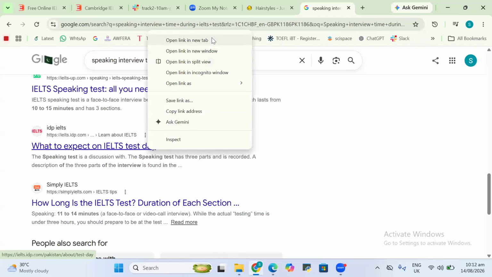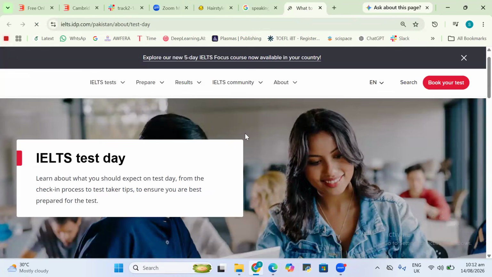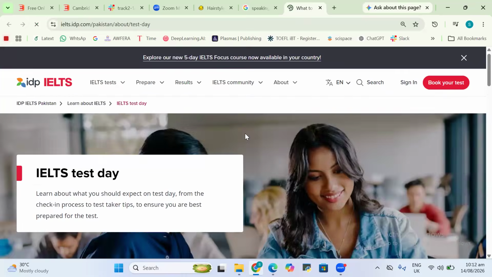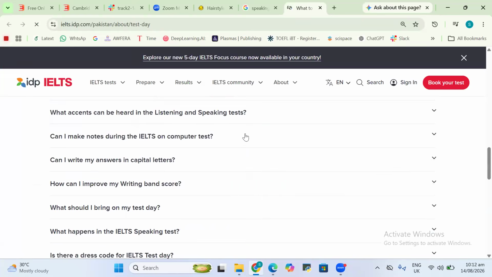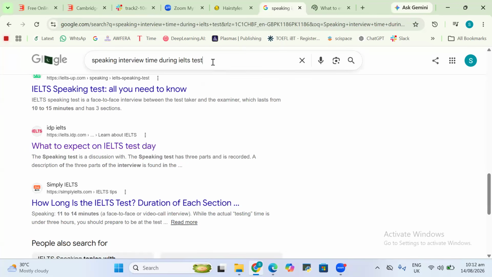If we open the IDP website, what we can expect? Here we can write IDP.